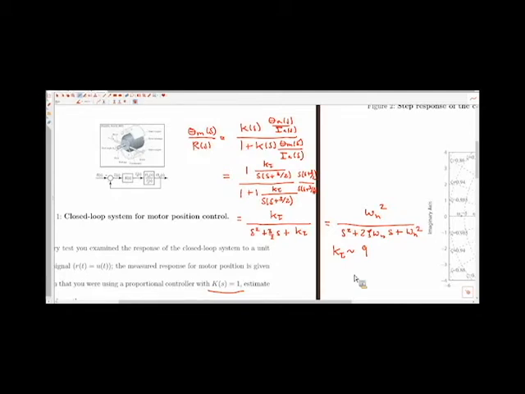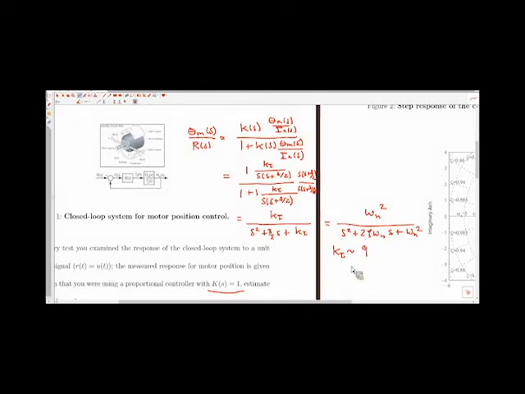Other things we can look at here: we know what the natural frequency is, and we know what the s to the 1 term is. So we can estimate what zeta is for this plot as well and make sure everything agrees with what we expect it to be.